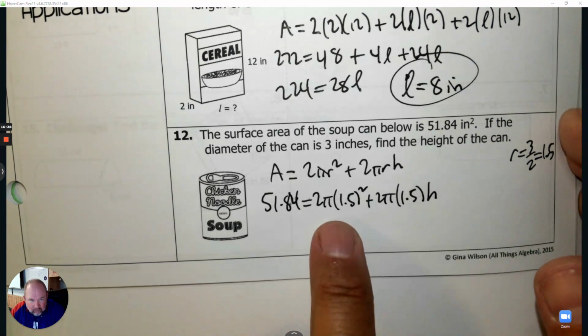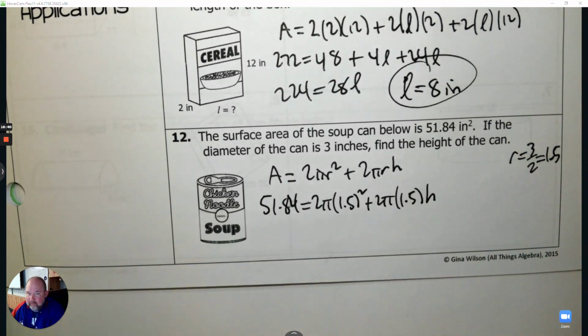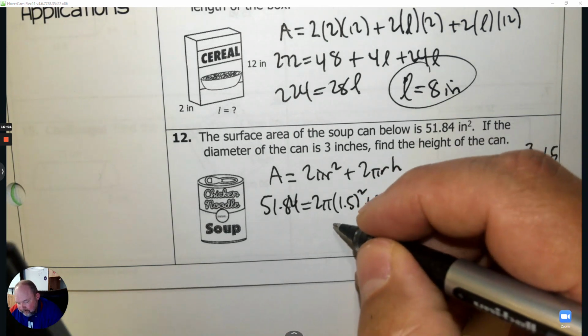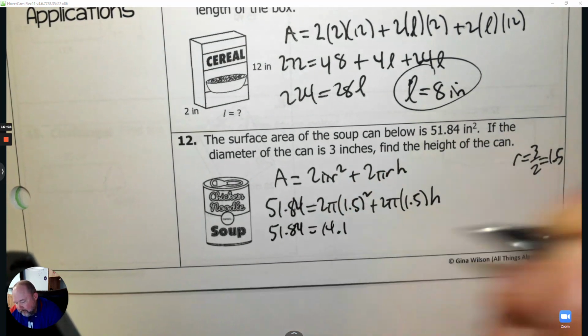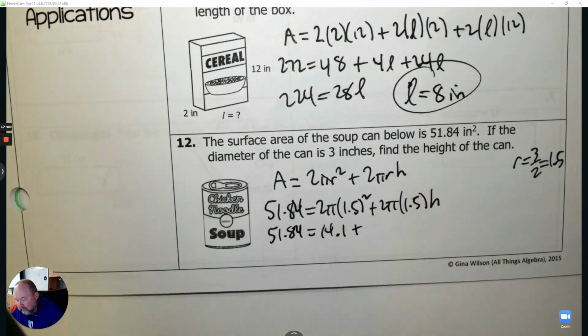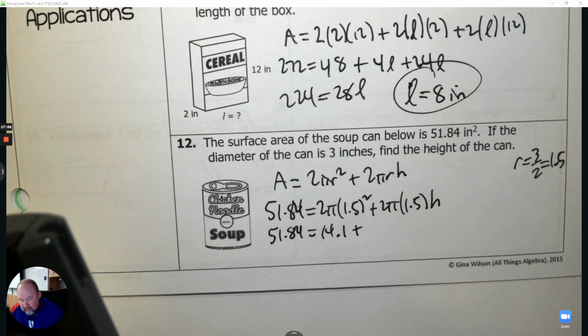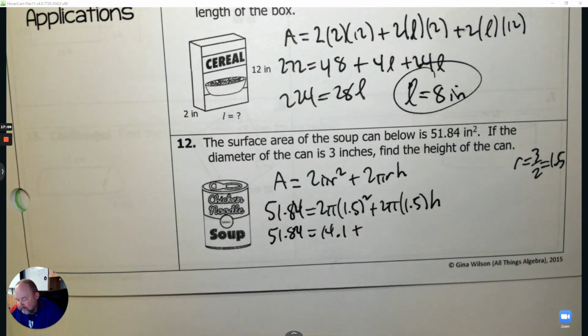So I'm going to solve this one step at a time. So 2 pi times 1.5 squared. I get 14.1. Then I'm going to go 2 pi times 1.5.